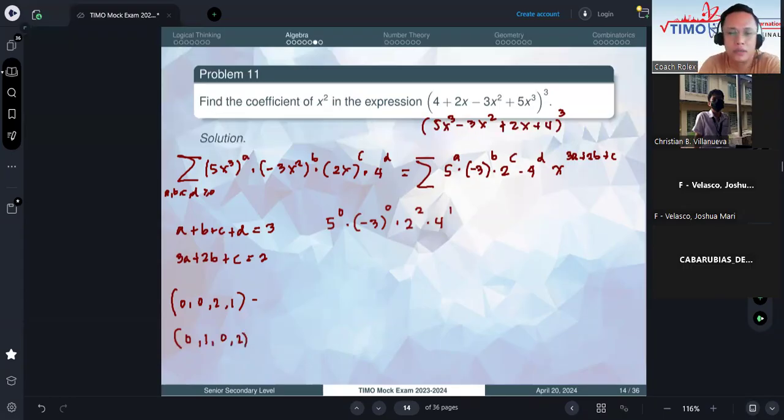You can have this one. 3a plus 2b plus c. So you will have 5 to the 0, negative 3 to the 1, times 2 to the 0, times 4 to the 2.